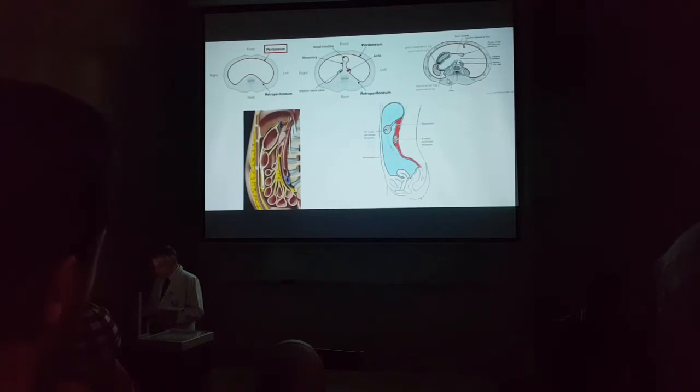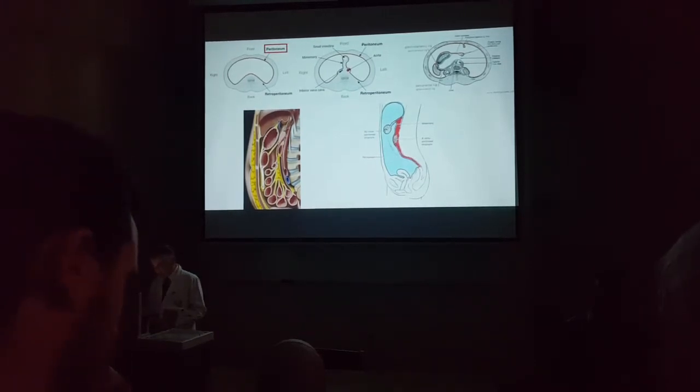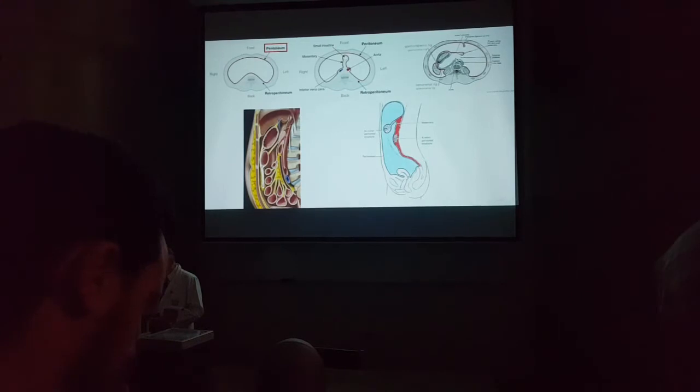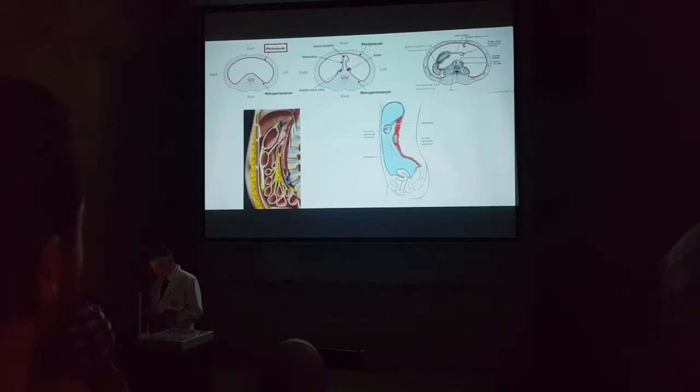Then things get more developed, organs develop. And as organs develop, we get a pocket here, right? A space here, a space here. So things will get more complicated.